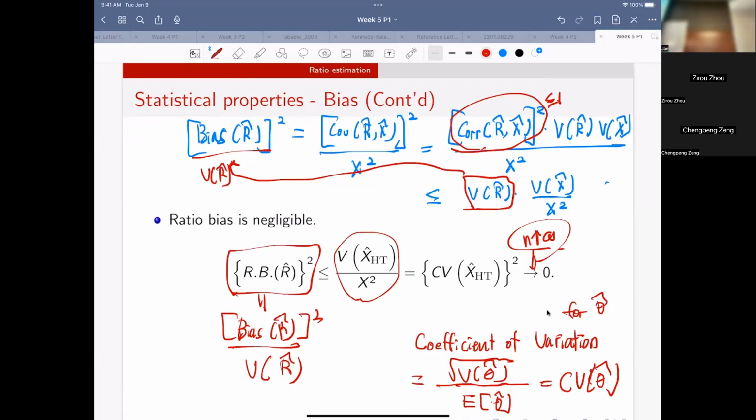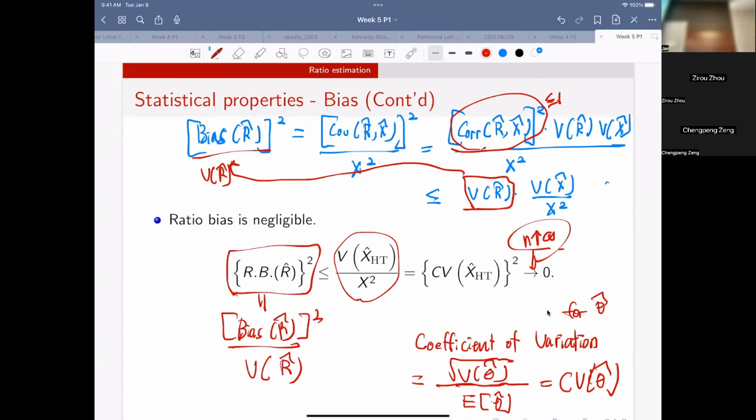You may wonder, what's the point of allowing n to go to infinity for finite population sampling? Your finite population is finite. How can you increase your sample size, right? That could be a legitimate question. The answer is that we also allow the population size to increase.